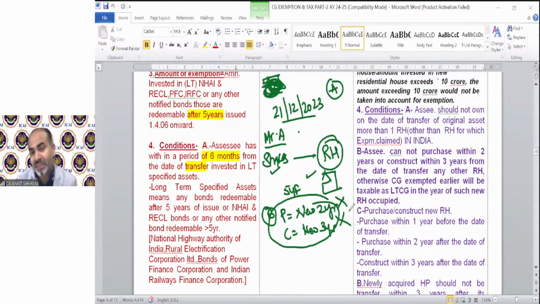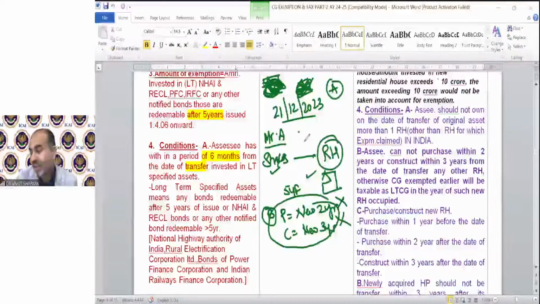This is very interesting. If you already have one residential house and you claimed exemption, you cannot purchase or construct any new property. But even if you do not have any residential house, but purchased one and claimed exemption under section 54F, even then you cannot purchase or construct new property between 2 or 3 years.